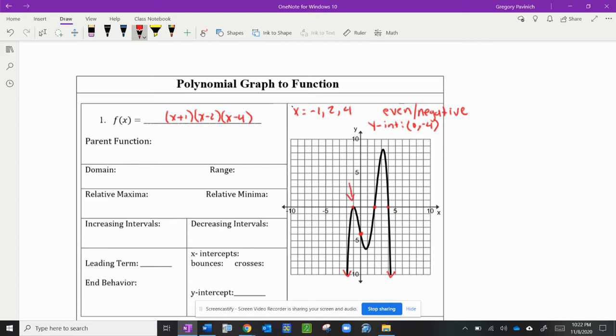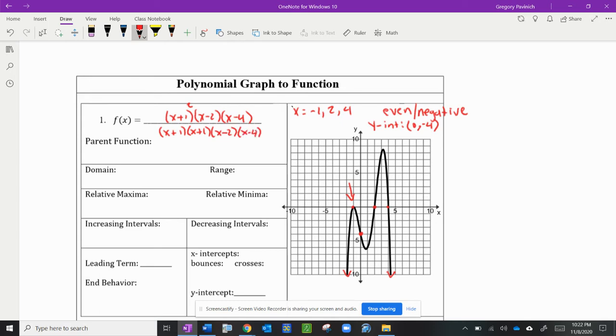And that would be right here at -1. So I know that this factor has to occur an even amount of times. For right now, we're going to assume everything occurs twice if even, once if odd. And so now I have four factors: x plus 1, x plus 1, x minus 2, and x minus 4.